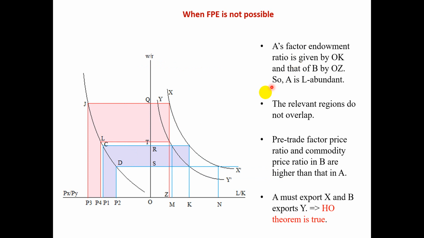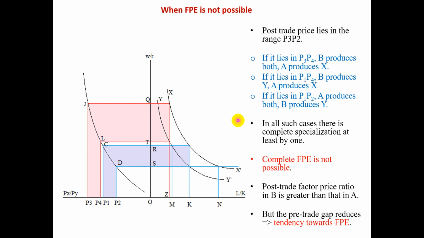But what about the factor price equalization theorem? Now the post-trade price lies in the range of P3, P2. So this is clear because P1, P2 is the zone for country A and P3, P4 is the zone for country B. So therefore, the post-trade price ratio will be lying in between P3, P2.